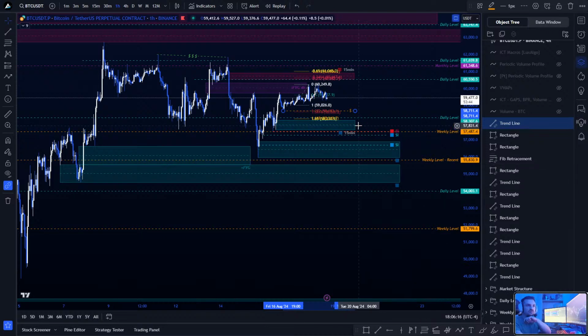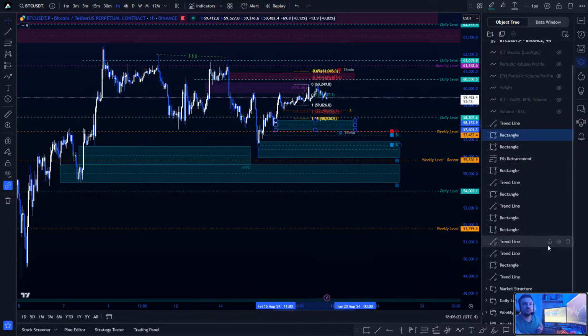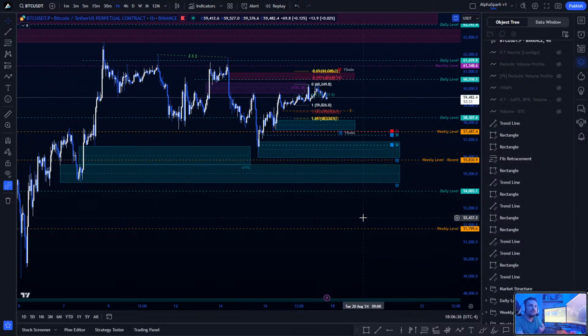Another would be taking it anyway, coming down to the weekly level, which is a 618 and has a 15-minute block at around 58,300.